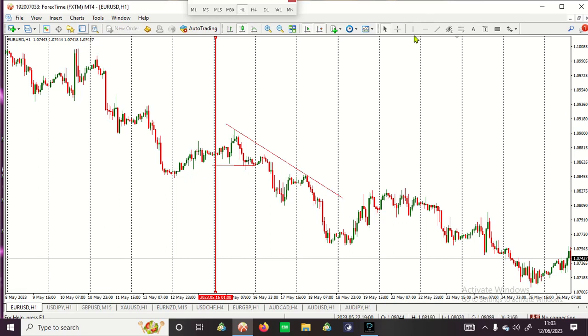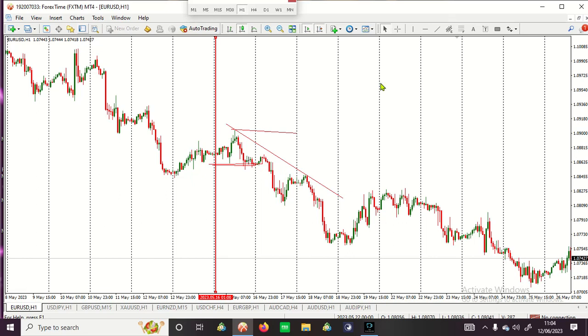If the market breaks this previous day high, we'll be looking for a buy opportunity. And if it breaks this low here, we'll be looking for a sell opportunity. As it is now, the market has taken the low, so we'll be looking for the sell opportunity, because it's a sign of bearish sentiment.